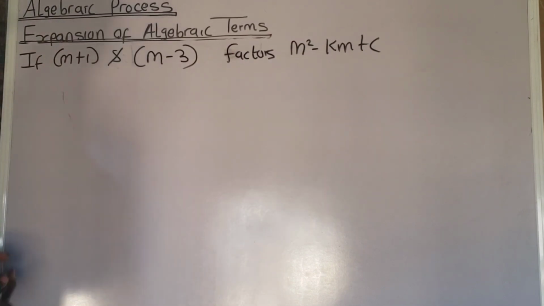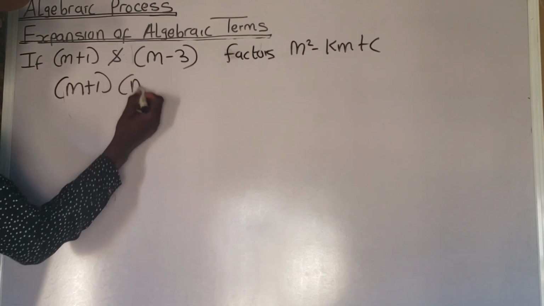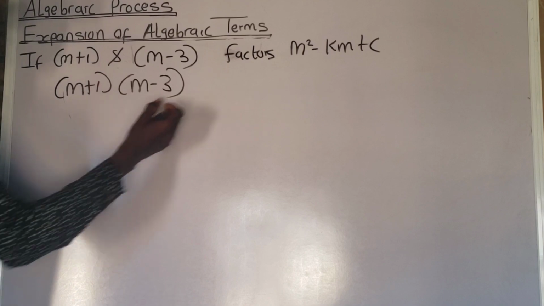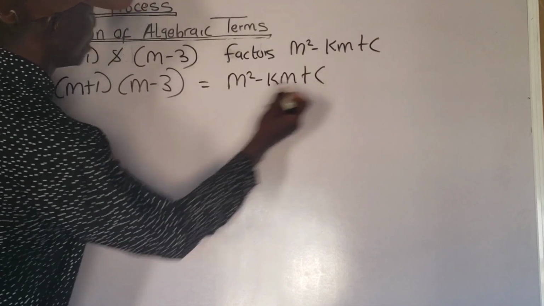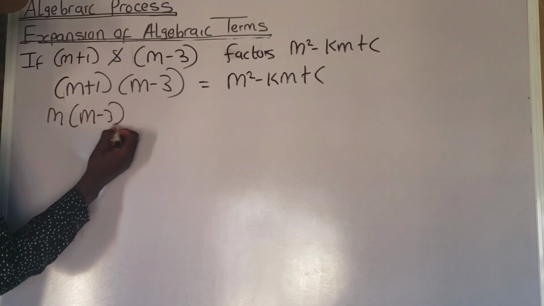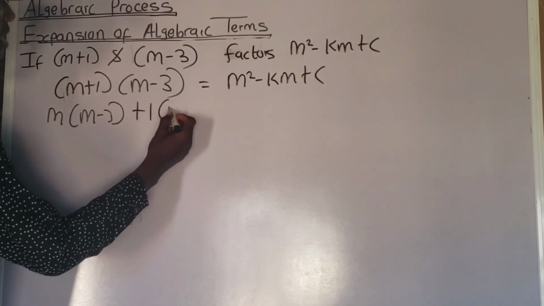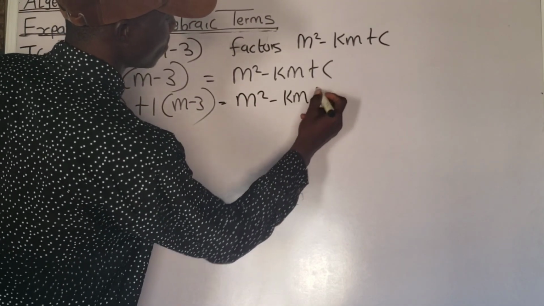Now let's go. For this, I'm going to have m plus 1 and m minus 3 must be equal to what? m squared minus km plus c. So let's take the product. For this, I'm going to have m into bracket m minus 3 and then plus positive 1 into bracket m minus 3 equals m squared minus km plus c.